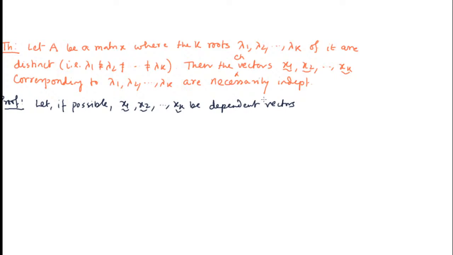Then we know there exists a j such that xj can be written as a linear combination of previous vectors x1, x2, xj minus 1. We know this result.